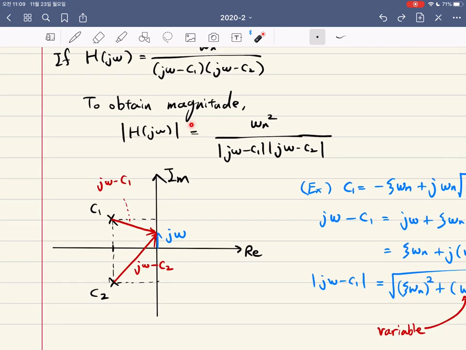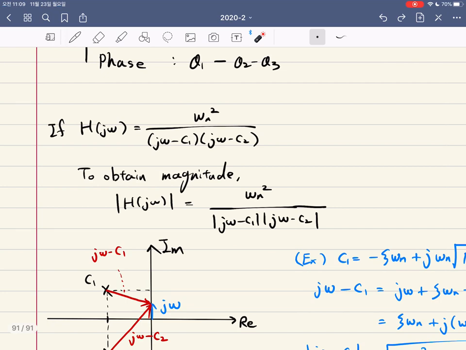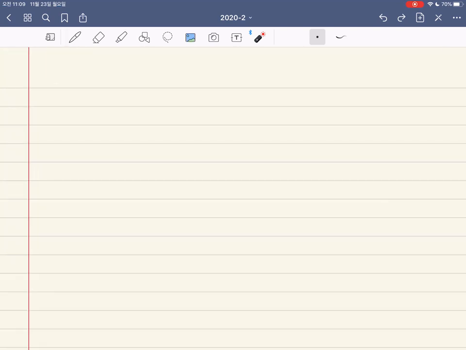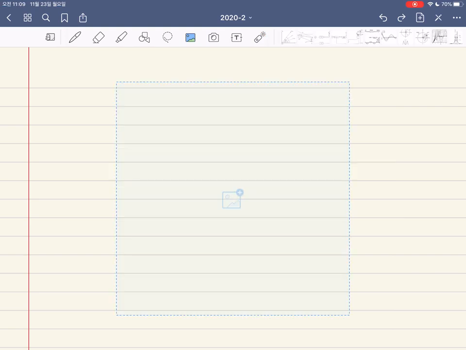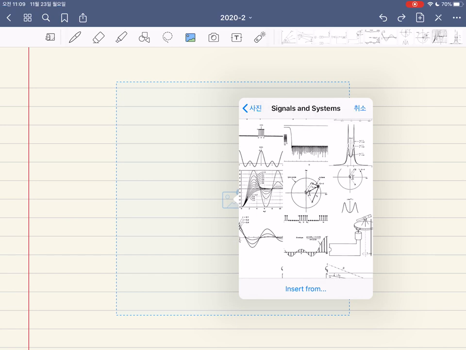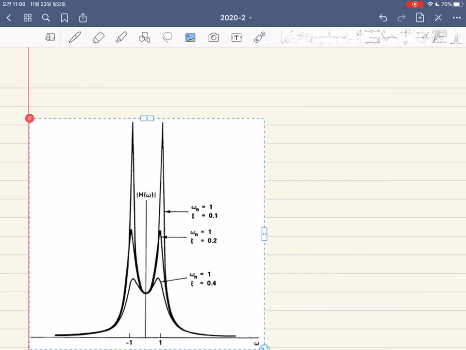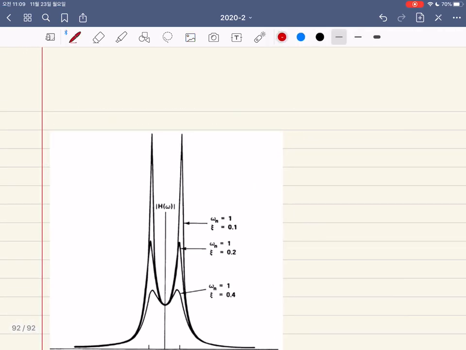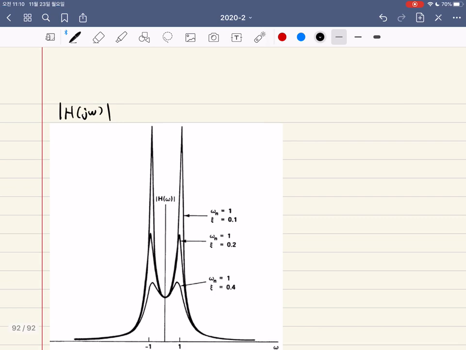So if I draw this magnitude for this second order system, it'll be like this term. So this is the magnitude.